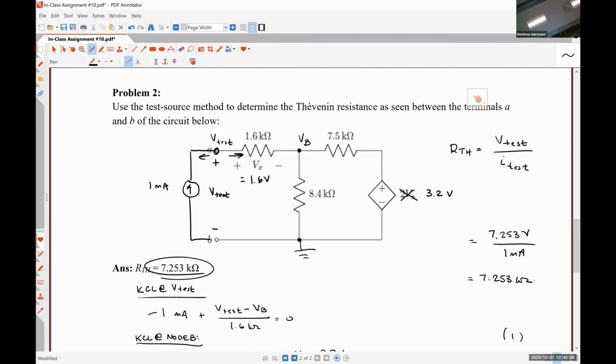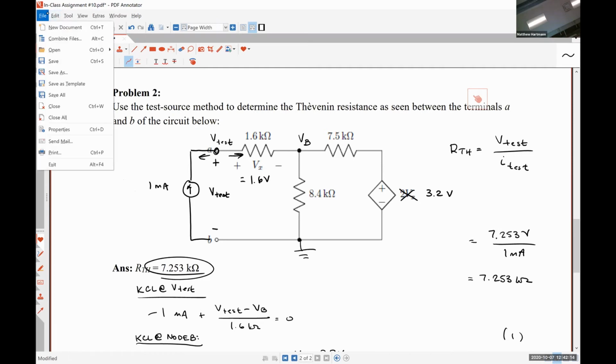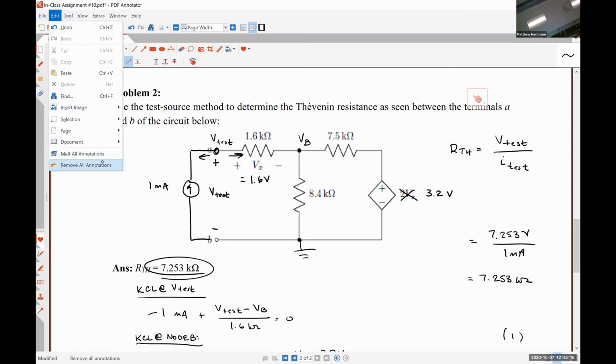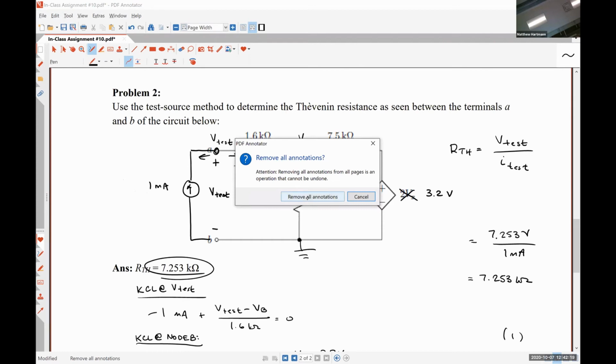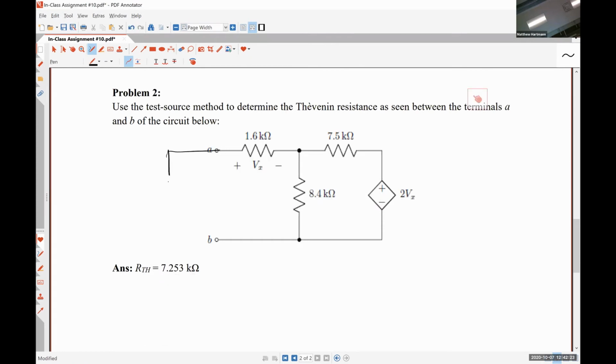Now, just to show you that we could do this with a test voltage source and get the exact same result, let's repeat this. So now I'm going to apply a 1 volt source. Does the magnitude of the voltage source or the current source or anything like that matter?